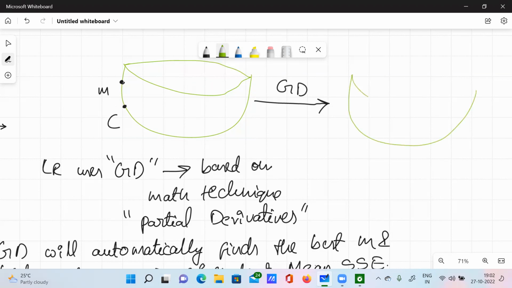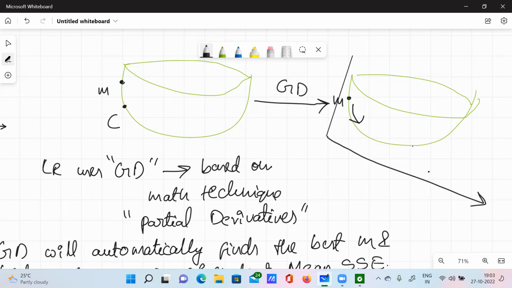The gradient descent will bring down this particular M value towards the possible minimum here, right? When you look at this graph, it will bring down the value of M to the nearest possible distance. So this is the M axis, and this is the axis of the C here.